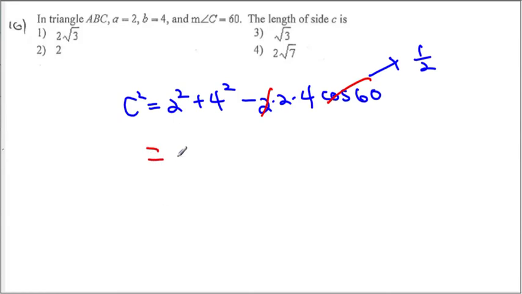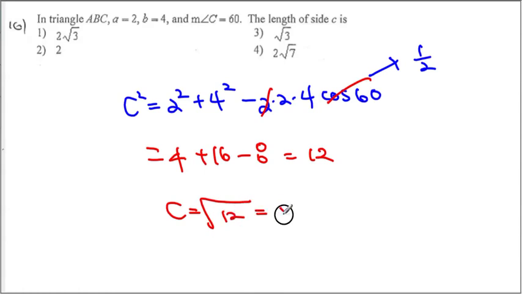So here we have 4 plus 16 minus 8. Therefore, this becomes 12. And c must be equal to the square root of 12, which is equal to 2 square root of 3. Choice number 1.